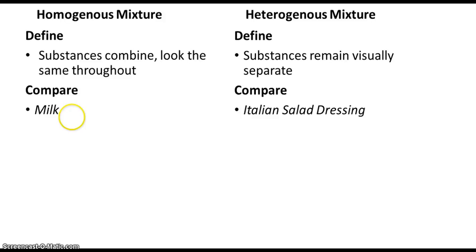Another example of something that would be a homogeneous mixture would be some types of volcanic rock. All the components, all the compounds and elements are mixed together, but because it's heated, they all settle equally throughout the rock. Another example of a heterogeneous mixture would be granite. That's that white fleckledy rock.